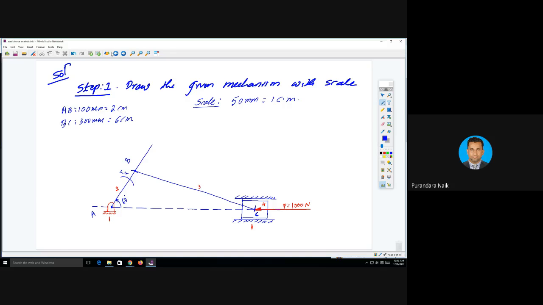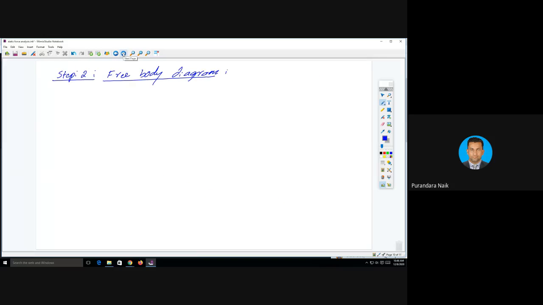Link number 2. Take link number 2 of the same length, or any length, no problem, and the same angle. First draw link number 2, about 60 degrees to the horizontal line.